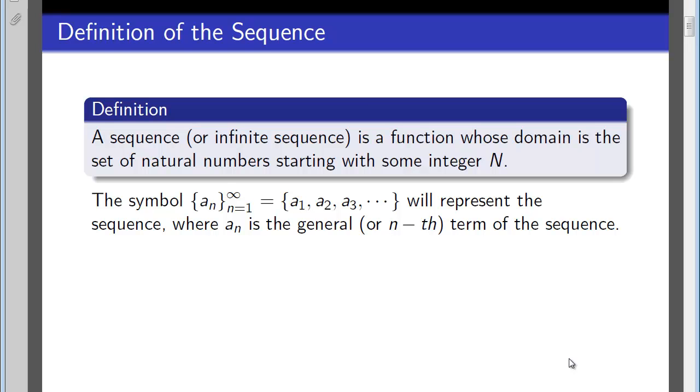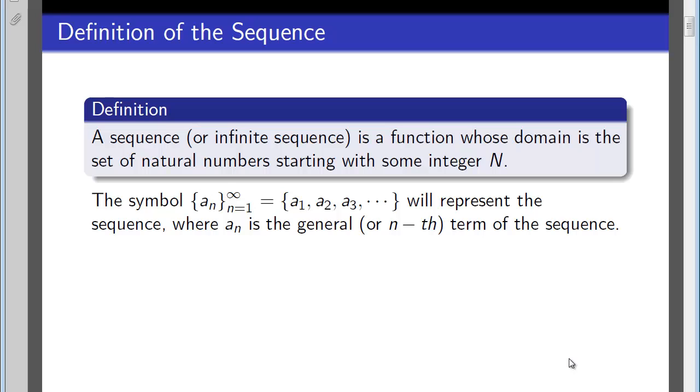The index n here takes positive integer values. Sometimes, in fact, it can be 0. But for simplicity and without loss of generality, we will take the initial value of n being equal to 1.